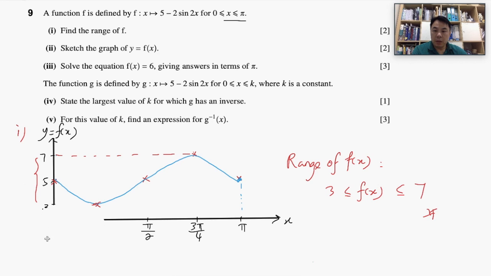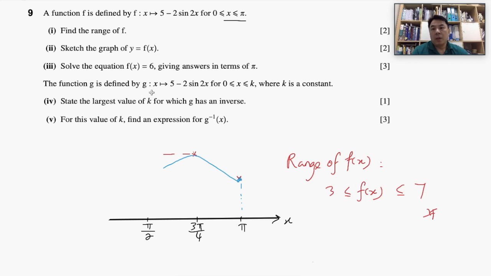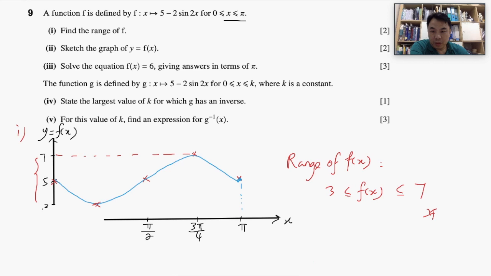Okay, so let me clean this up. We're gonna move on to sketching. I accidentally erased everything, so let me put it back. So the second one is the sketching of this graph. Sketch the graph y equal to f(x).